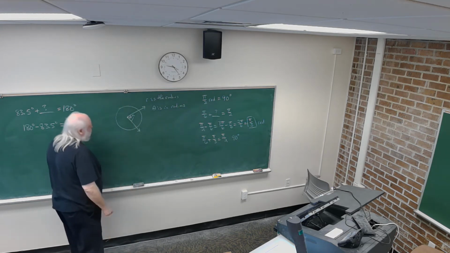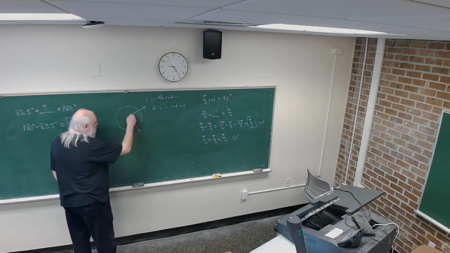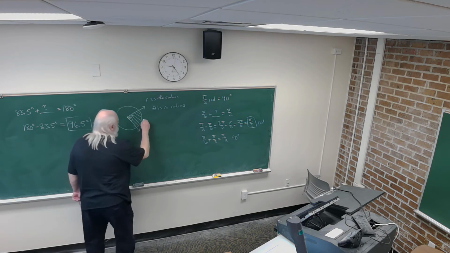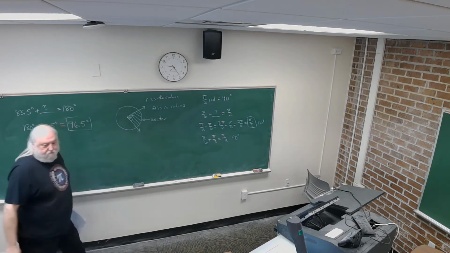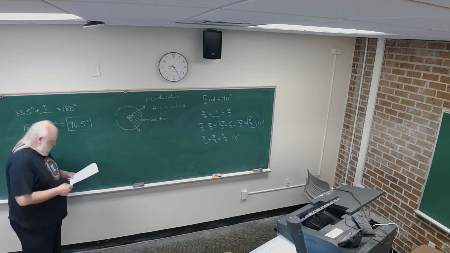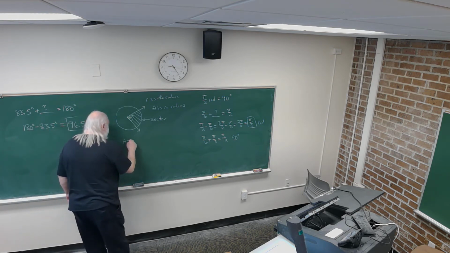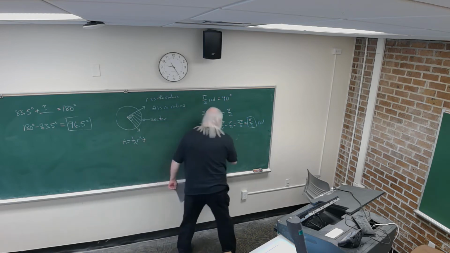And the sector is like this. If you think of this circle as pie, a sector is like a slice of pie. That sector has area, and that area is given by the formula 1/2 times r squared theta. Theta is in radians.